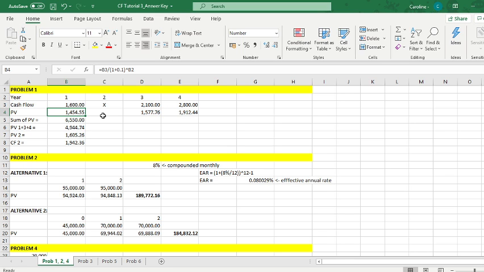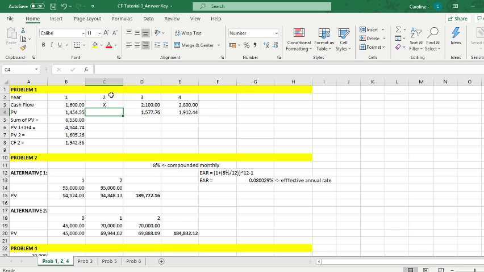That means you would like to know how much this cash flow is worth today or in year 0, so the period is 1, and you find the present value amounts to 1,454.55, okay?